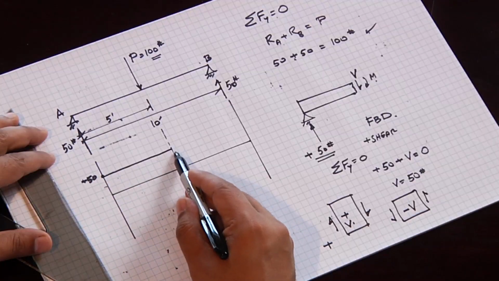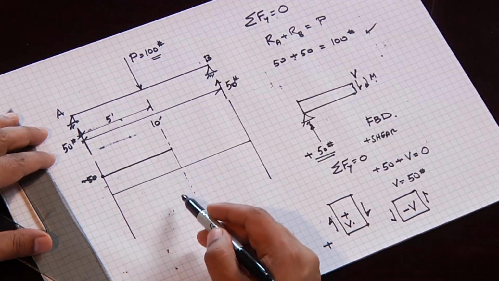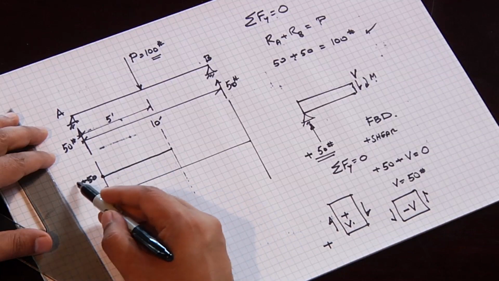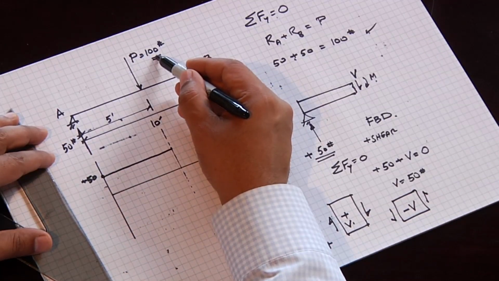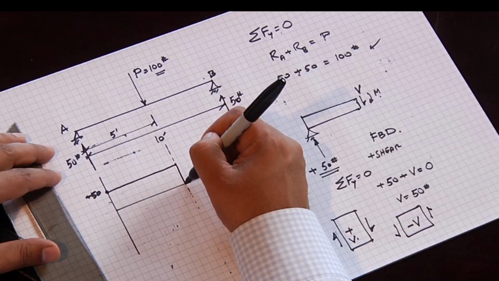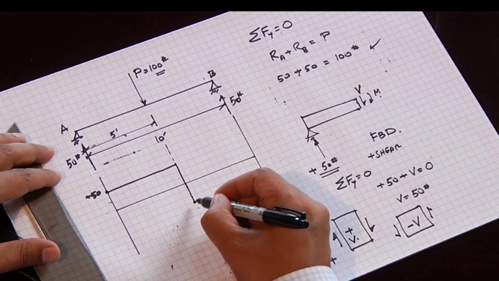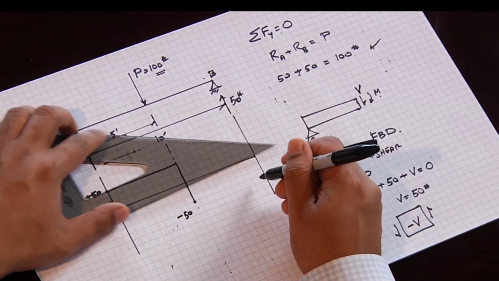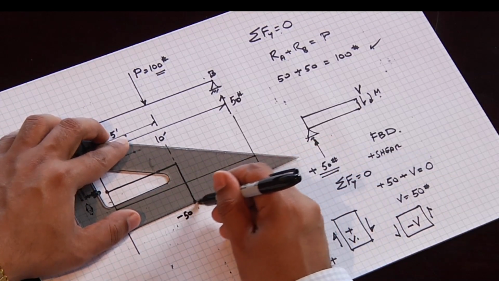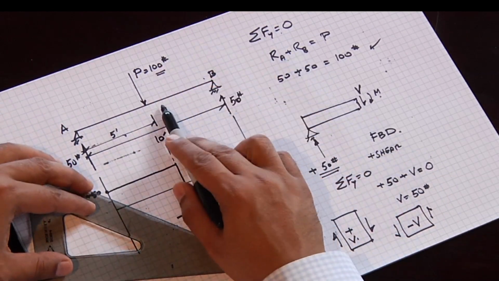What happens at the load point? When we reach the load point, our positive shear of plus 50 is displaced by the load of negative 100 pounds. So the shear diagram drops down to minus 50. And then it remains constant because there's nothing else happening on this span.